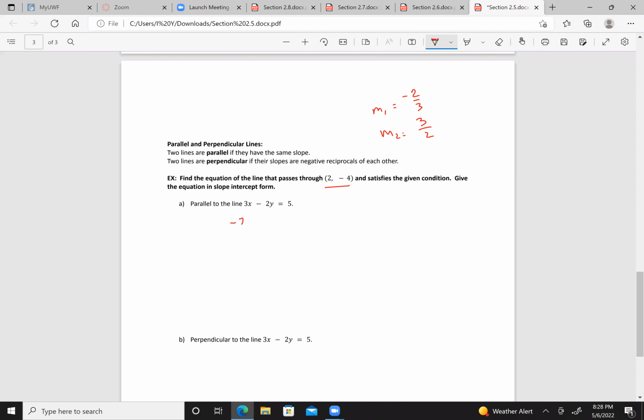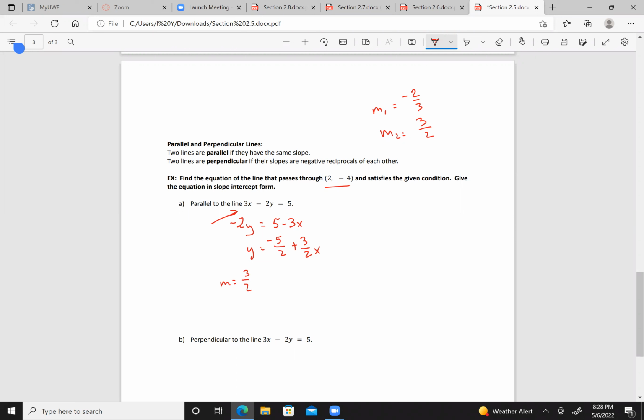So subtract 3x from both sides. We get -2y equals 5 minus 3x. Divide by -2, and I get y equals -5/2 plus 3/2 x. Now that's this line. So my slope here is 3/2.